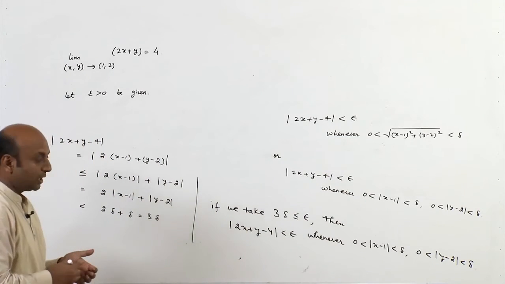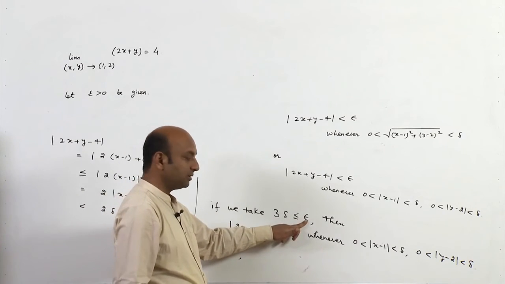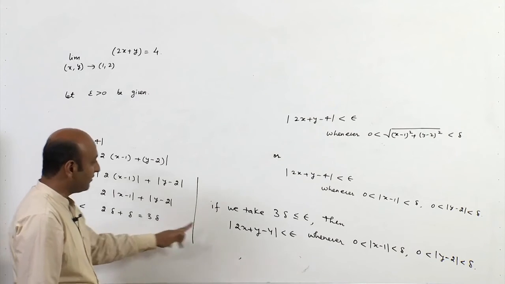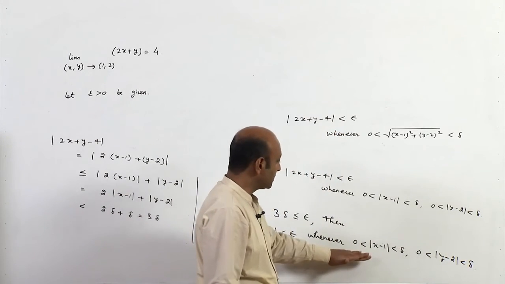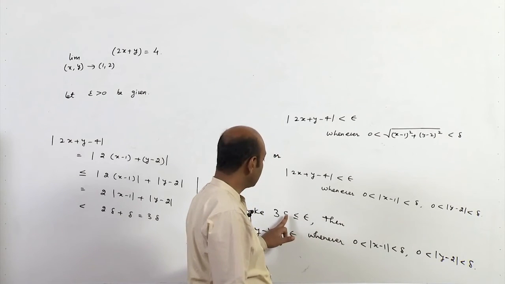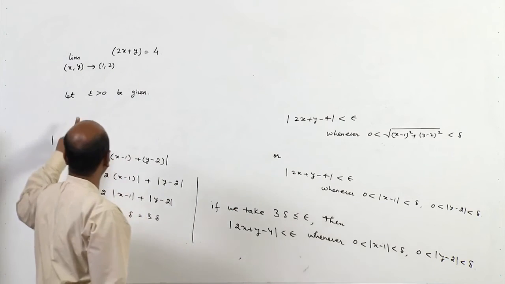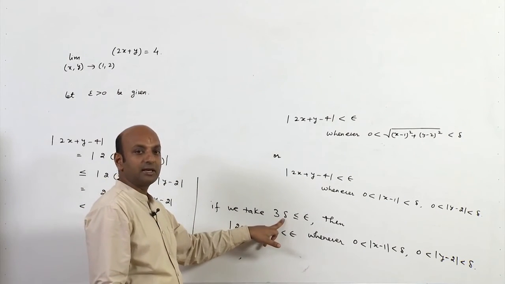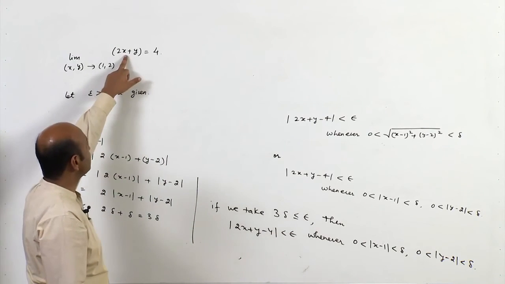If we choose 3 delta less than or equal to epsilon, then this quantity will be less than epsilon whenever this is less than delta and this is less than delta. So this inequality holds if delta is less than or equal to epsilon by 3. So for any epsilon, we have shown the existence of a corresponding delta such that this inequality holds. Hence we can say that this limit exists and is equal to 4.